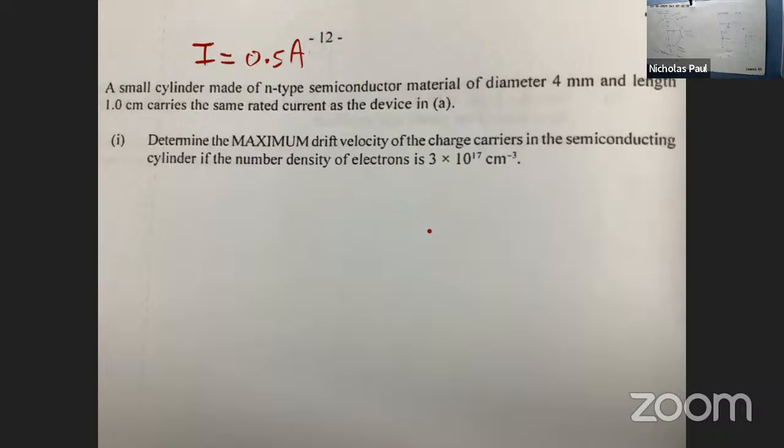I is equal to 0.5 ampere. Come on, hurry up now. Last one.